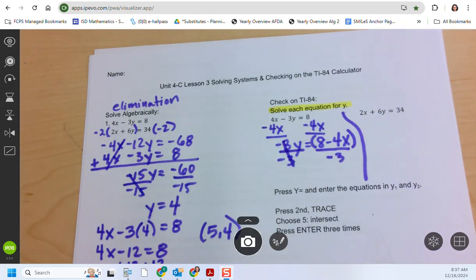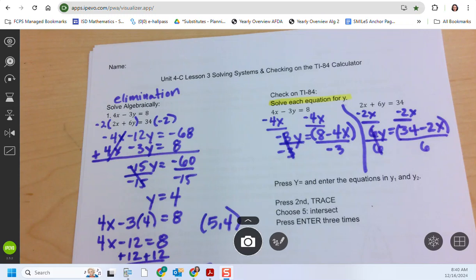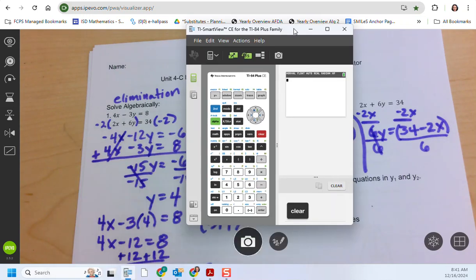And I'm going to press y equals, and I'm going to clear out what's in there. And I'm going to put parentheses 8 minus 4x. Remember the x is next to the green button. Close your parentheses and divide it by negative 3.